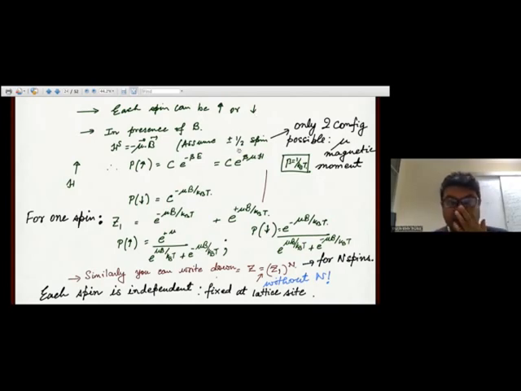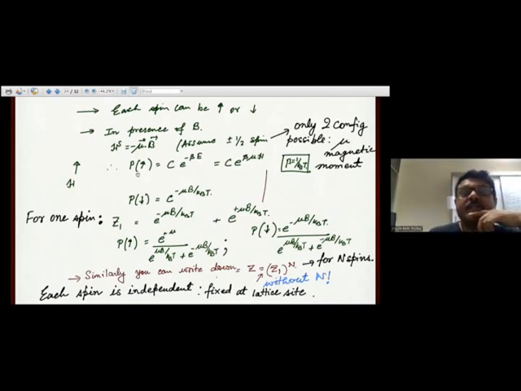Assume spin half. Then the probability that a particular magnetic moment, since they are uncoupled, we can talk about individual magnetic moments, then multiply it by N to get the total magnetic moment.